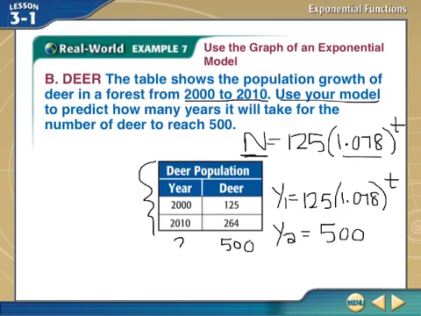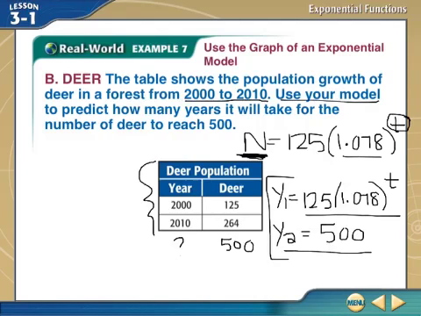So essentially we're using Y in place of N, and on our graphing calculator we'll use X in place of T. We're going to graph these two functions. We're going to get an exponential function here, and then a constant, flat, horizontal line at 500. And we want to know where those two functions intersect or equal each other.